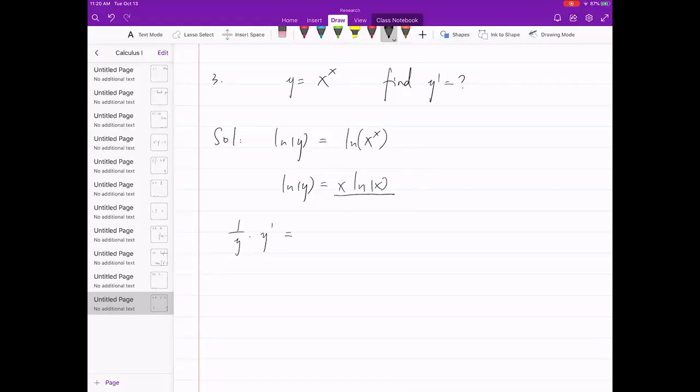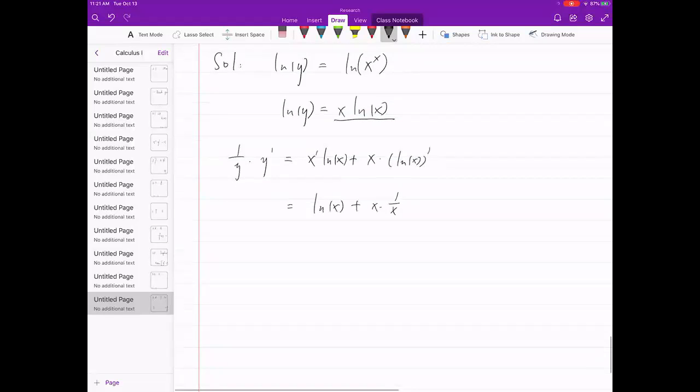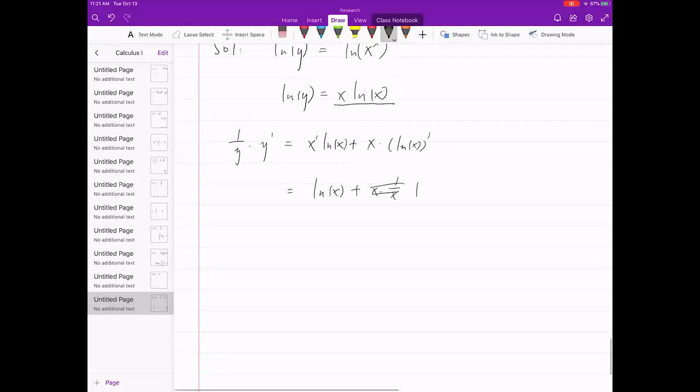Derivative of this, product rule. Ln x plus, which is 1. So finally, y prime equals ln x plus 1 times y, and the y is given by x to the x.